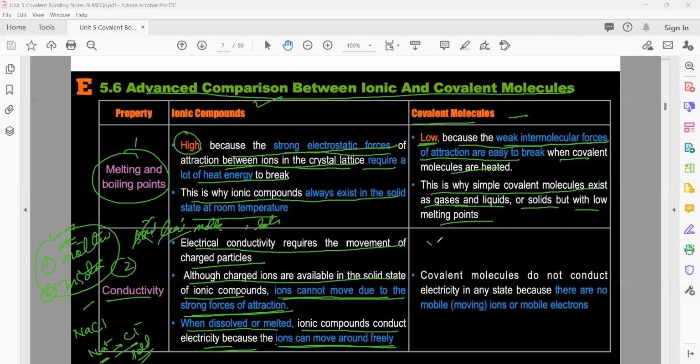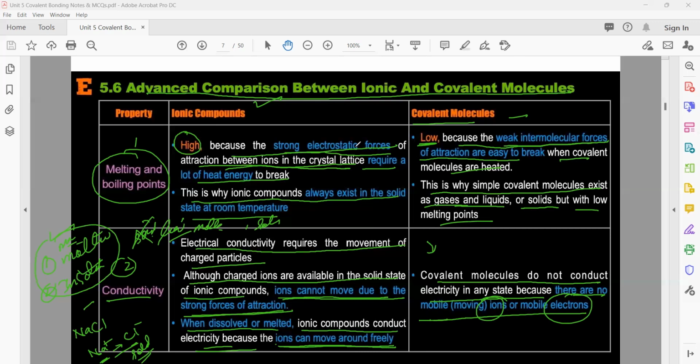And if you talk about the conductivity, covalent molecules do not conduct electricity in any state because there are no moving or free, or you can say mobile, ions or electrons. In covalent compounds, you will not find any ions or any free electron. So due to that reason, the covalent compounds do not conduct electricity.